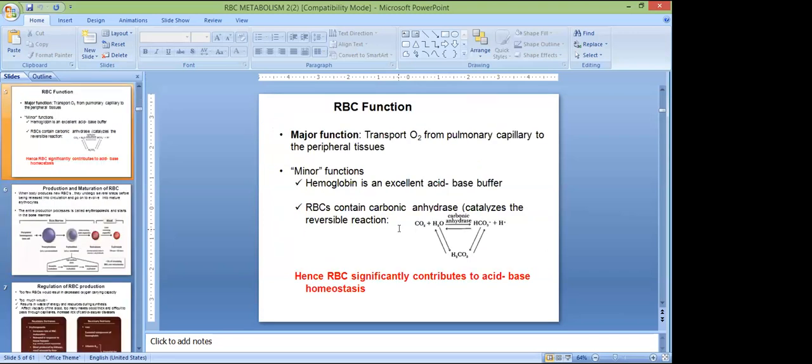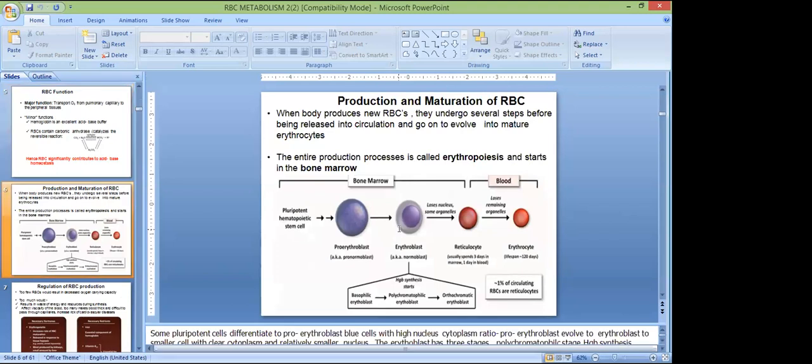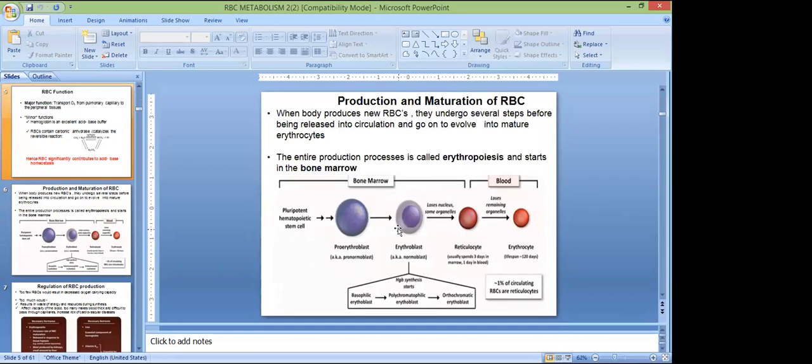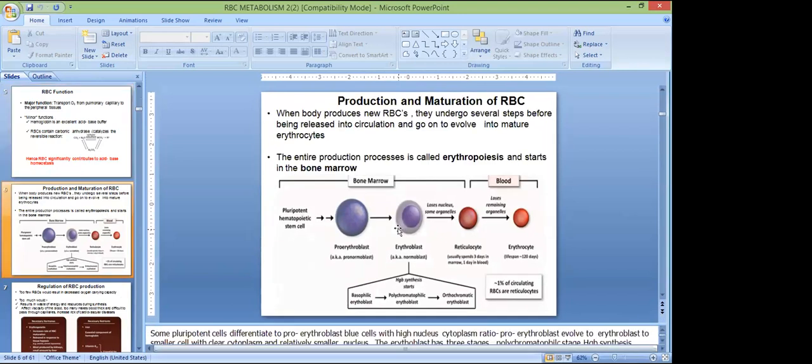The major function we already talked about, so I won't go into it. It's transport of oxygen from A to B and carbon dioxide back. Synthesis, just remember it's from the bone marrow. The cell that comes before the RBC is the reticulocyte, right?